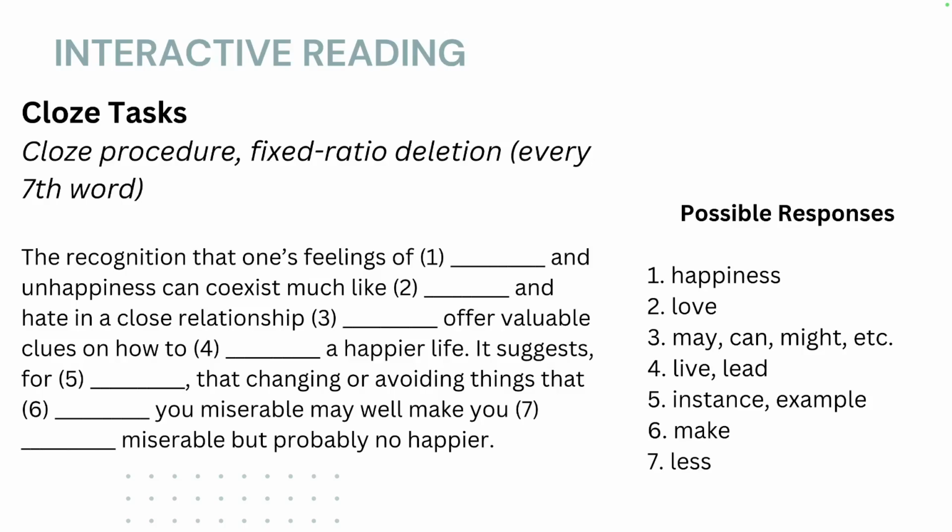So maybe your student writes down how to have a happier life, and maybe you're not sure. Can have be okay or not? And now you spend so much time looking it up. Maybe you need to go online or use Grammarly or whatever it is, or ask ChatGPT. And maybe one place tells you it's correct and one place tells you it's incorrect. So now you have a really hard choice to make.